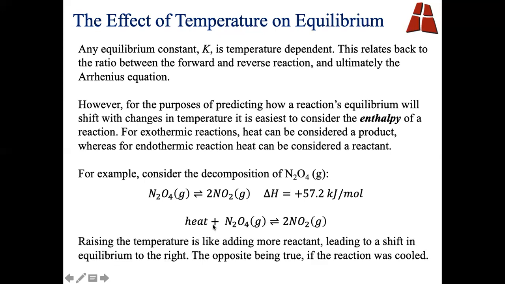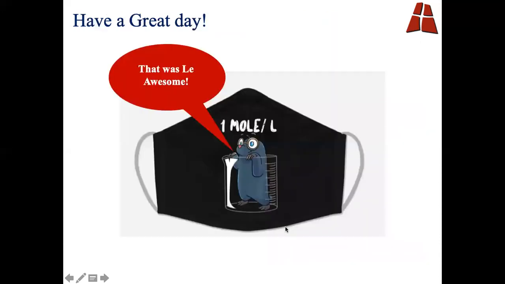And so if we were to raise the temperature of this system, if this were in an ampule, then that would be like adding more reactant, and so our equilibrium would shift to the right towards our products, right? If we were to cool the system, however, the opposite would be true, where the reaction would be like losing some of our reactant, so our equilibrium would shift to the left. Okay.